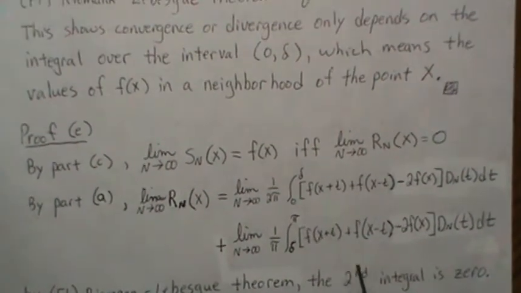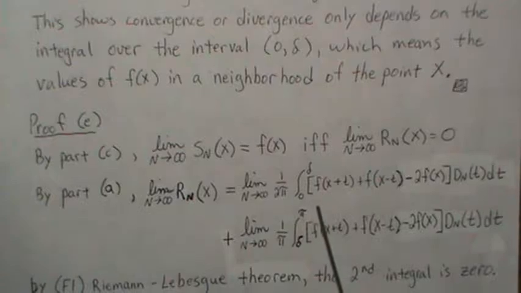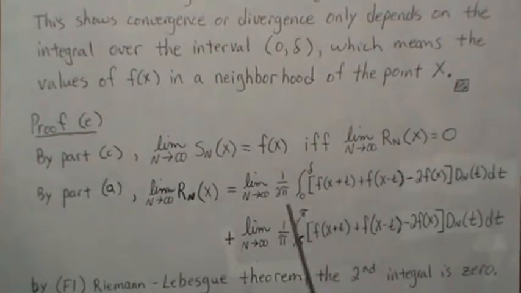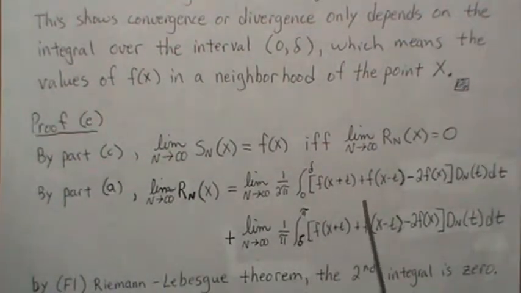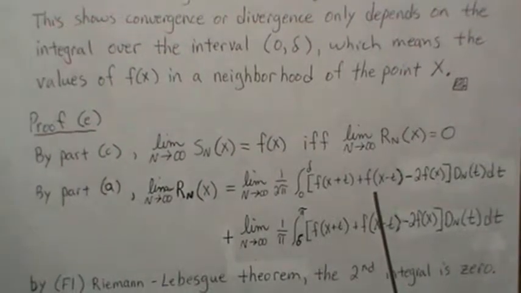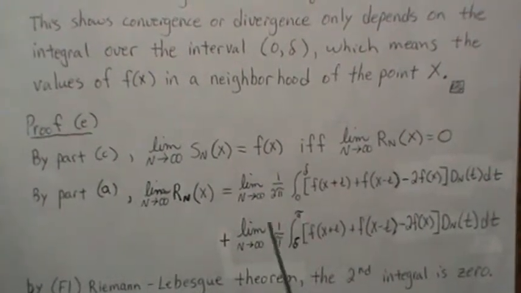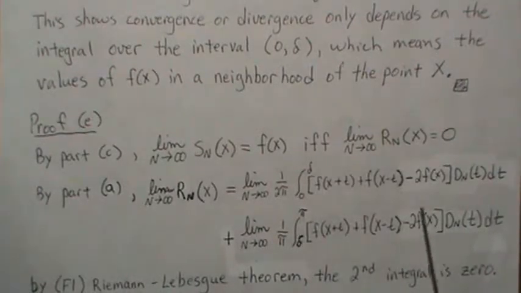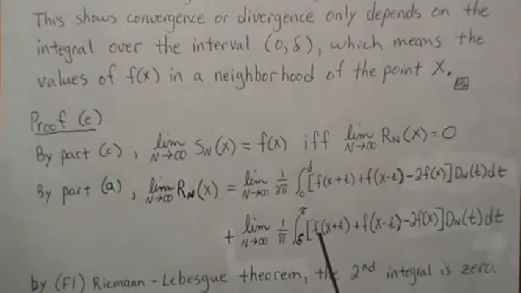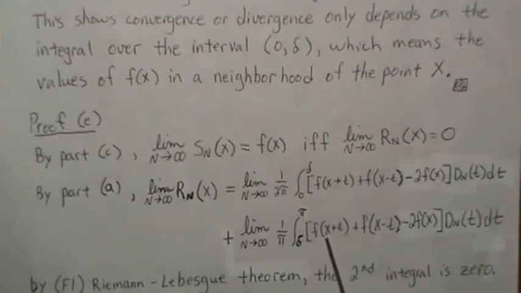What that means is the claim in part E was that if this goes to 0, then the series converges. And we just proved that. This part of the remainder always goes to 0 by the Riemann-Lebesgue theorem.